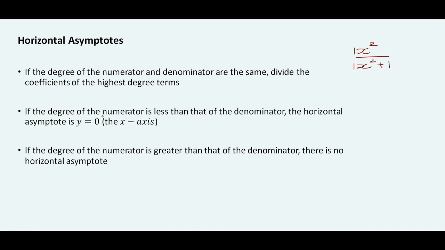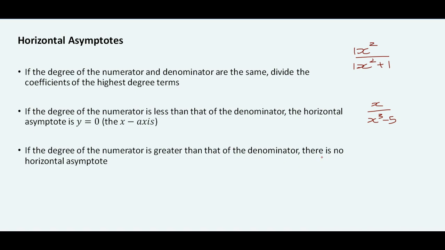Now, if the degree of the numerator is less than that of the denominator, like x over x cubed minus 5, your horizontal asymptote is going to be y equal to 0, which is your x-axis. And if the degree of the numerator is greater than that of the denominator, we do not have a horizontal asymptote.